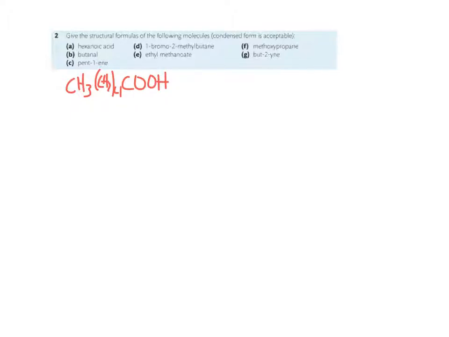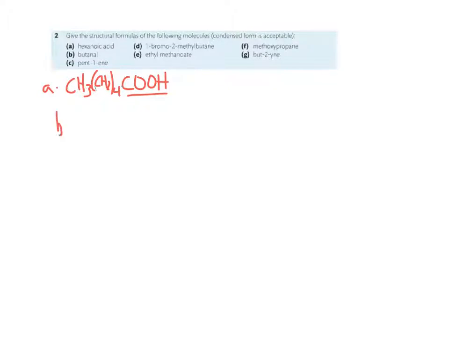Okay, so hex telling me there's 6, hexanoic acid telling me that this is the functional group. So the other 5 then would be a CH3 group at one end and then 4 CH2 groups in the middle. I could probably write that a little neater for you if that would help. So that's A.